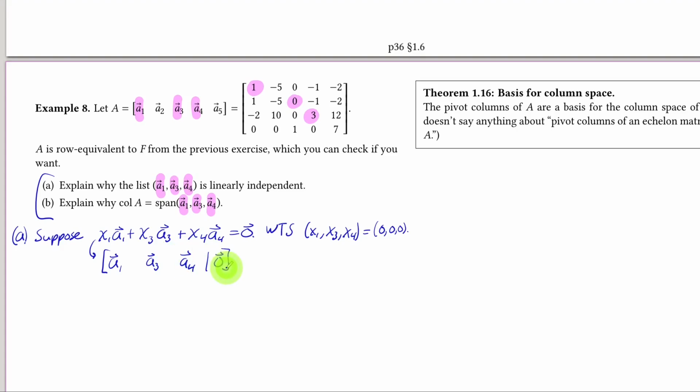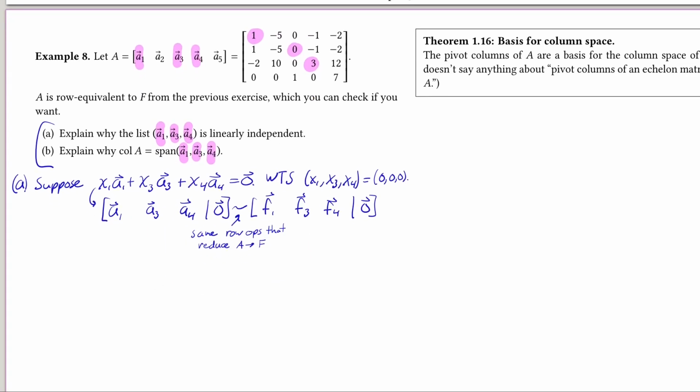And we also know that because A is row equivalent to F, whatever sequence of row operations could reduce A to F is going to reduce columns 1, 3, and 4 of A to columns 1, 3, and 4 of F. And we know that the only solution of the system of equations that this represents is the trivial solution, because F1, F3, and F4 are linearly independent.